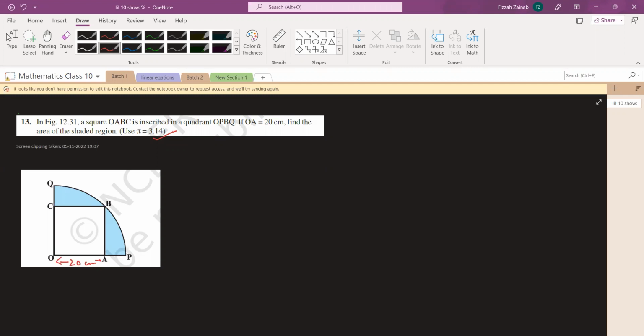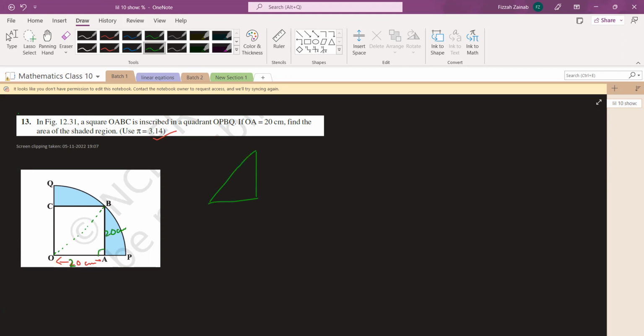We can do one thing here to find the radius. See, there isn't something extra we have to do. If I just draw a line here, I join it, I draw a diagonal, right? So basically, I have a triangle now. Because this is a square, Martin, this side is 20. So obviously this side is also 20 because it's a square, and this angle is 90 degree.